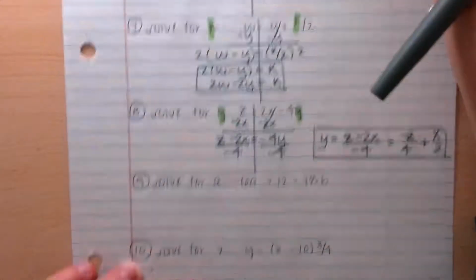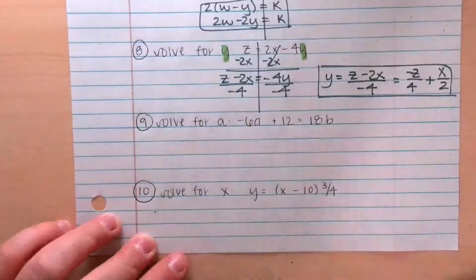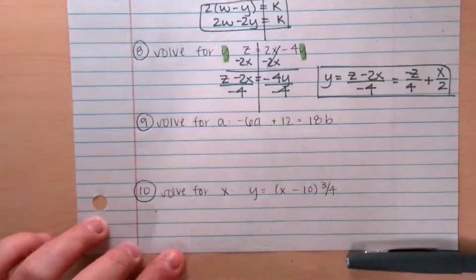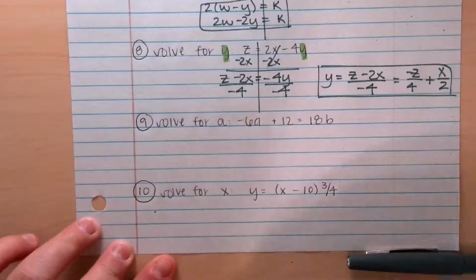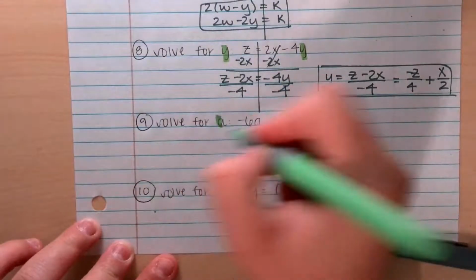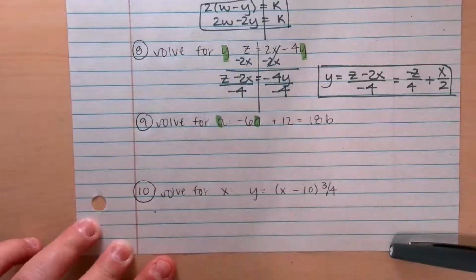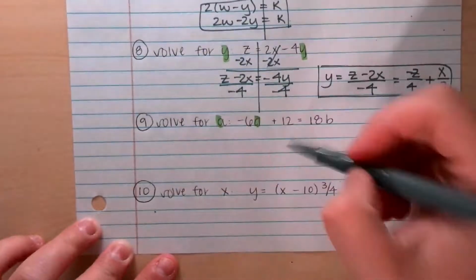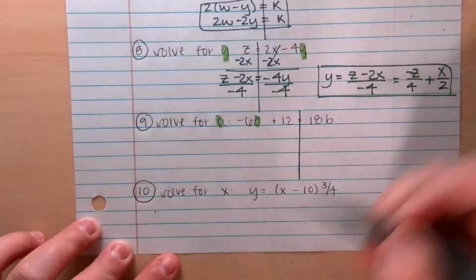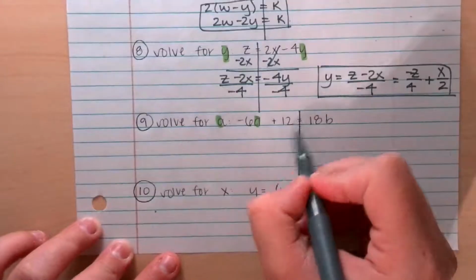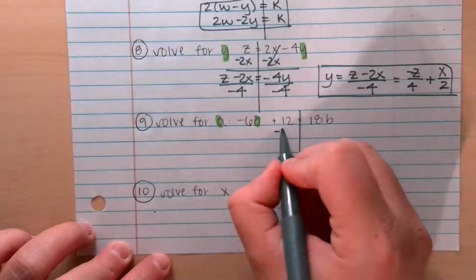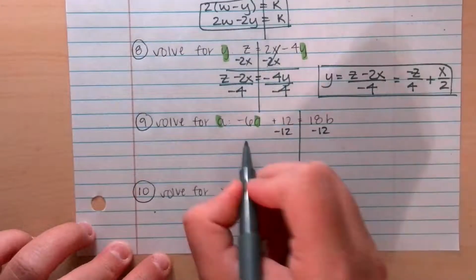Right, 2 more examples. And hopefully this sort of cleared up any questions y'all were having. So this one we are solving for a. Our first step in getting a by itself, we need to move this positive 12. So we'll subtract 12 from both sides.